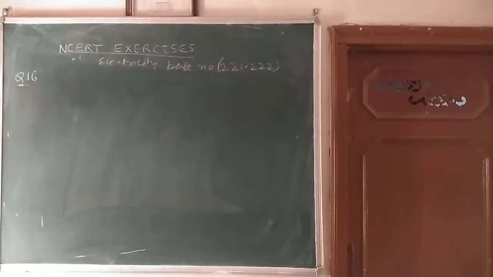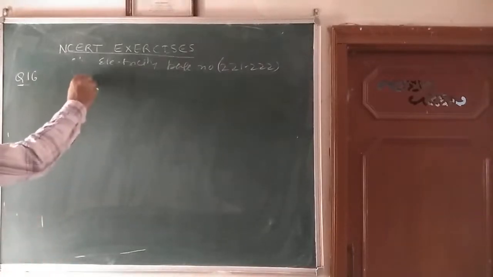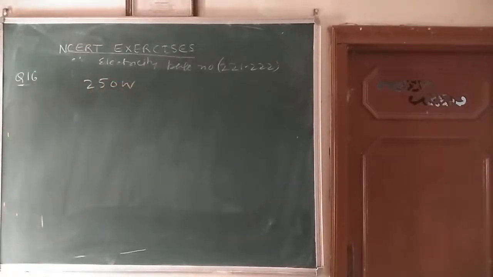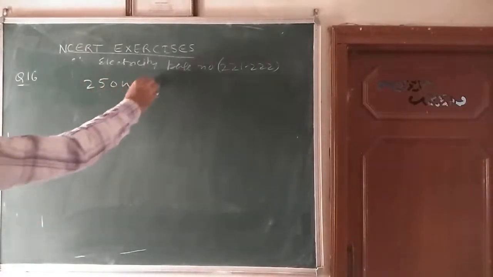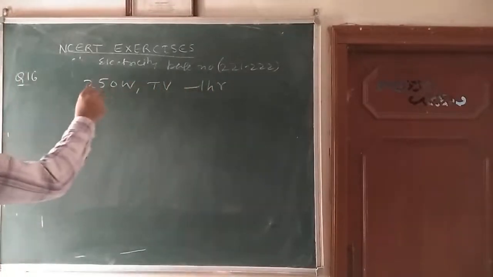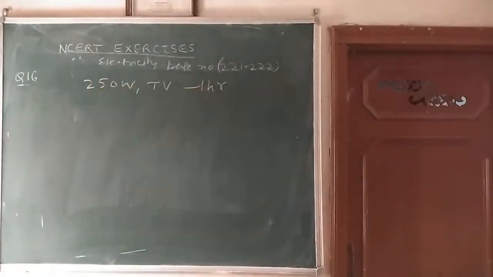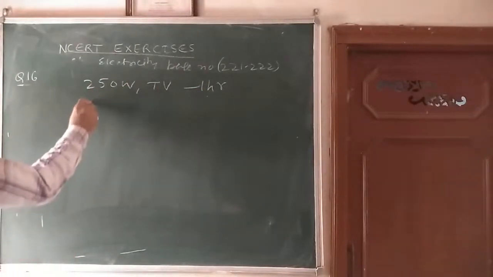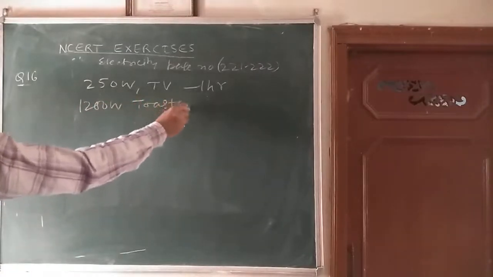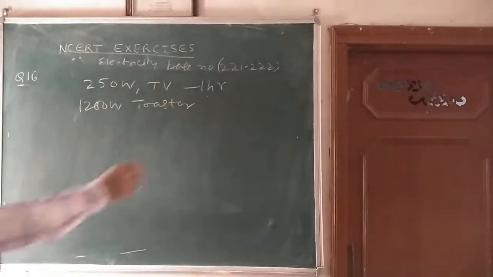Which uses more energy? A 250 watt TV set running for 1 hour, or a 1200 watt toaster running for 10 minutes.